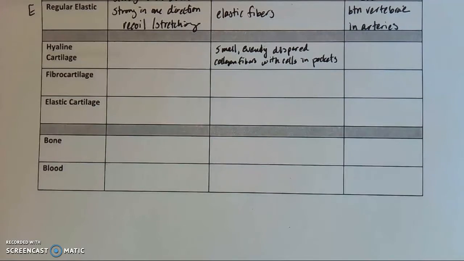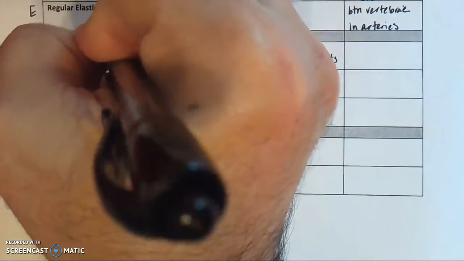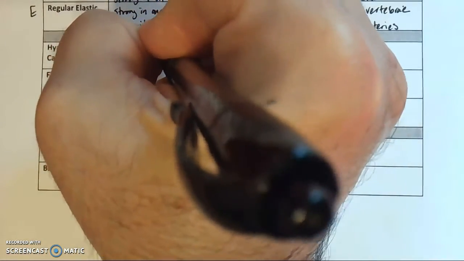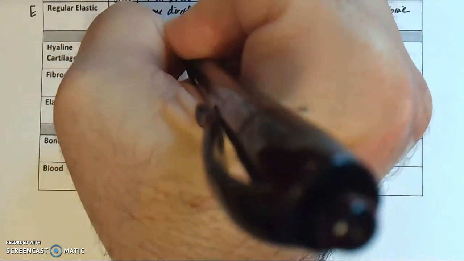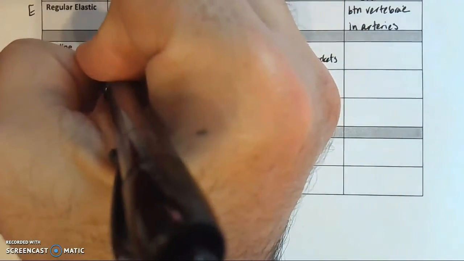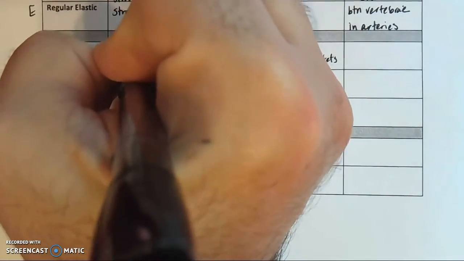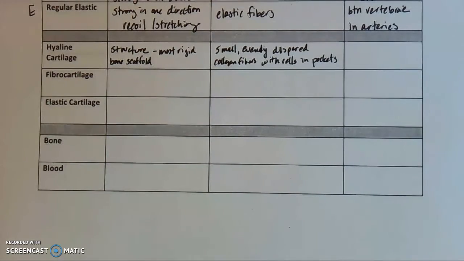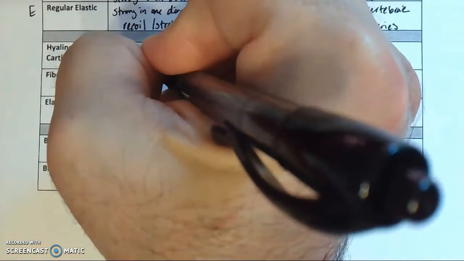So this is mainly used for structure. It is the most rigid of the three types of cartilage. It's used as a bone scaffold. So as bone is developing, we have hyaline cartilage as a model, and it is anti-friction.